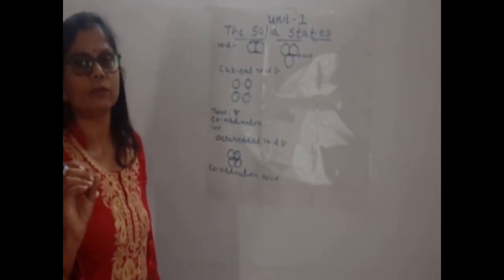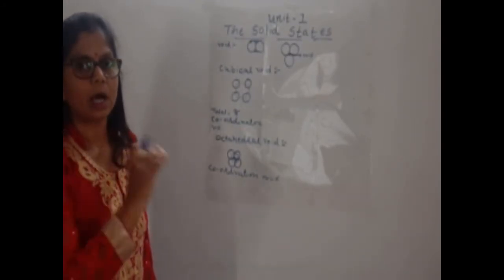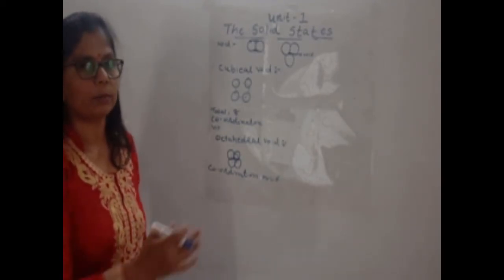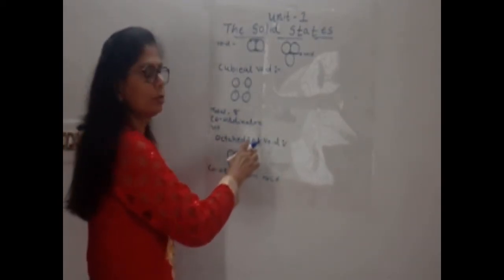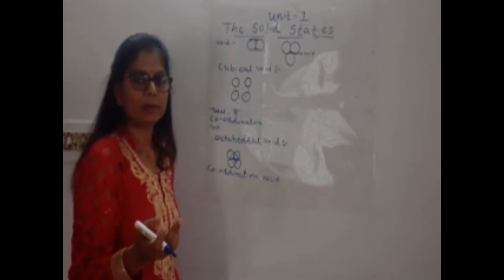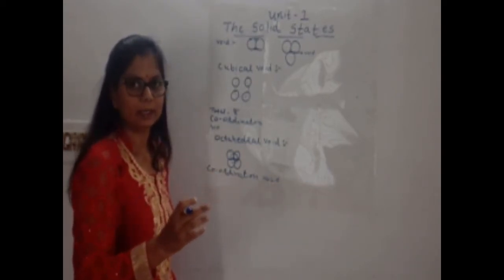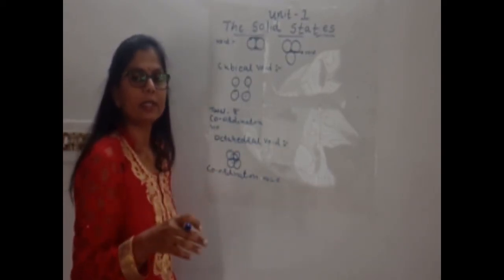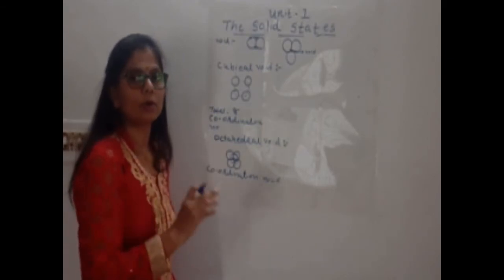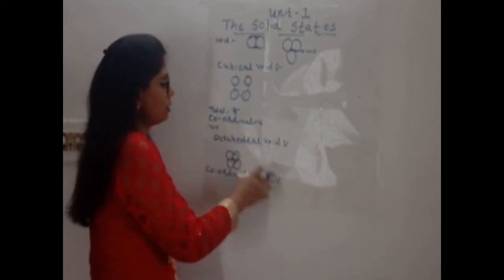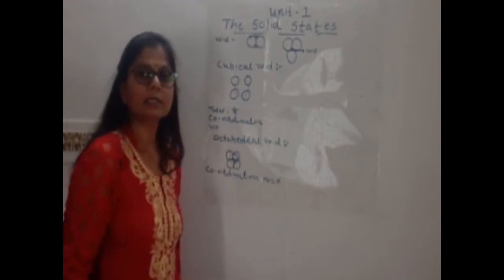Generally, if any MCQ asks what is the coordination number of octahedral void, we will think octa means 8, and we directly write that the octahedral void has 8 coordination number. But this you have to keep in your mind: the coordination number is 6.